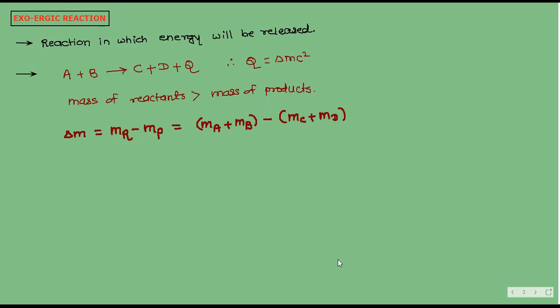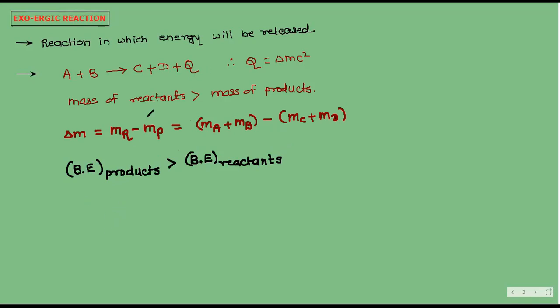And therefore, what we are getting here is that binding energy of products is greater than binding energy of reactants. Why? Because the formula is Delta M C square.